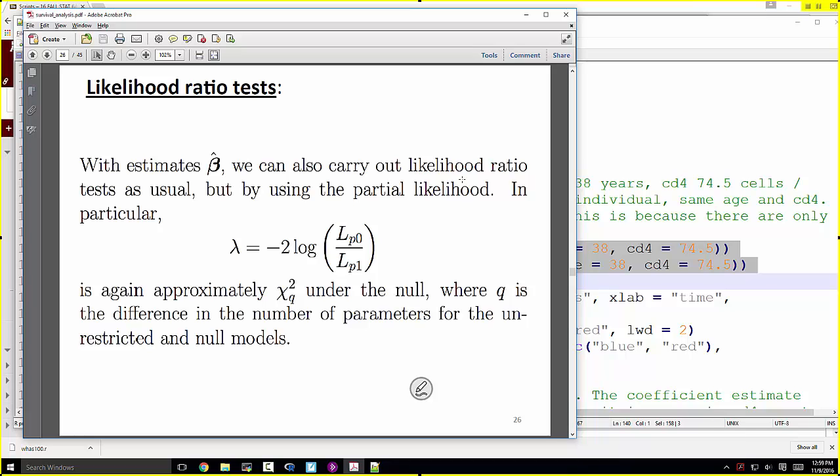So we can test hypotheses about the beta coefficients, like is beta 2 equal to 0, or are these two beta coefficients the same, or do these two beta coefficients sum to 0, or anything like that. We can test using partial likelihood ratio tests. I'll show you how you can get the likelihoods from our fitted models, and then you can test anything that you want.